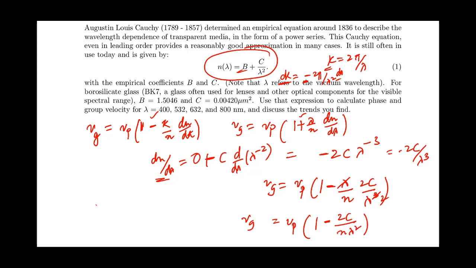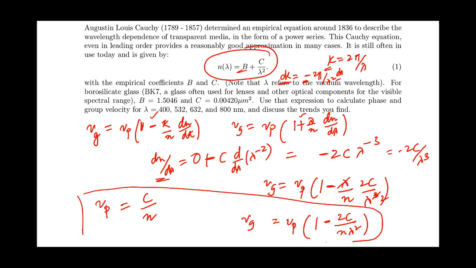And phase velocity is nothing but c by n, right? That is how much the velocity of light reduces. You're given the value of c and you're given the value of the wavelengths, and you know how n varies with the wavelength.